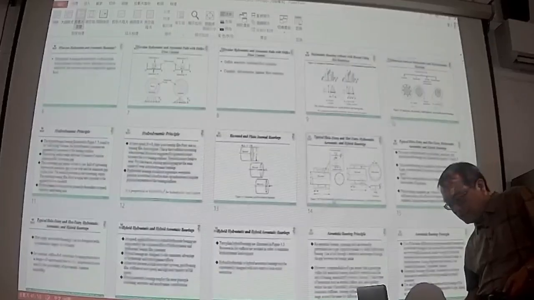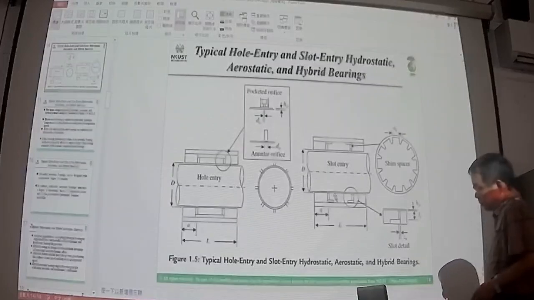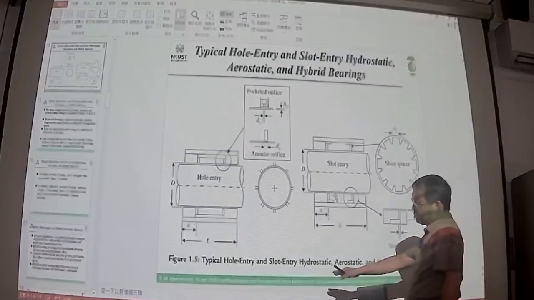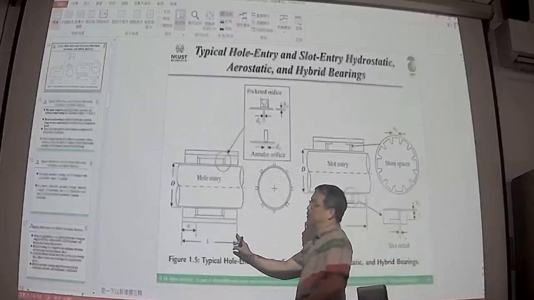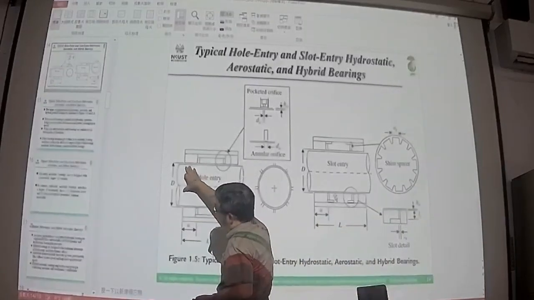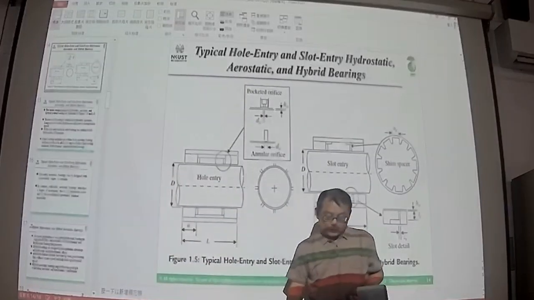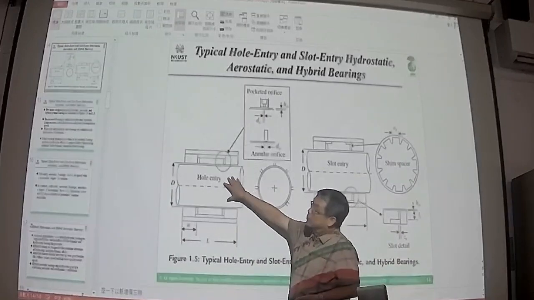Here the arrow means the length of the journal bearing. The diameter is the inner diameter of the journal bearing, or the shaft diameter.